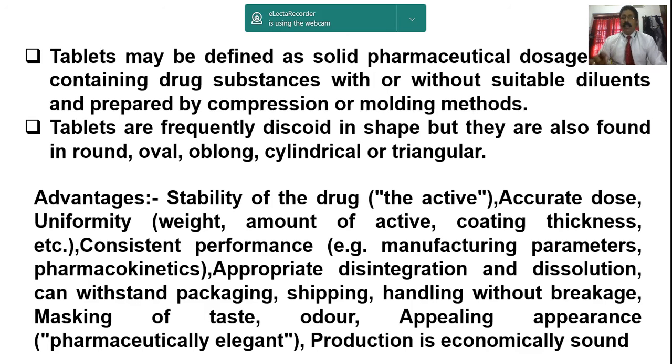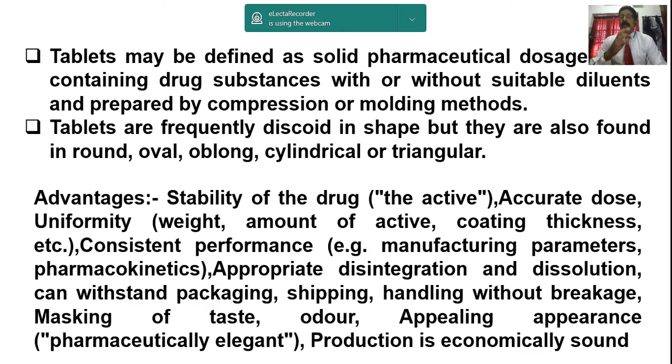So again I am coming to the definition. It is a unit dosage form, and it also says with or without diluents. This you might have studied in your previous classes. What is the use of diluents? You should know the basic things when you are studying a subject. You should know the definition clearly.